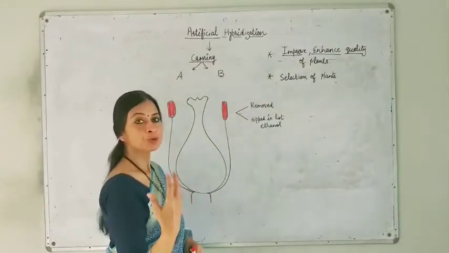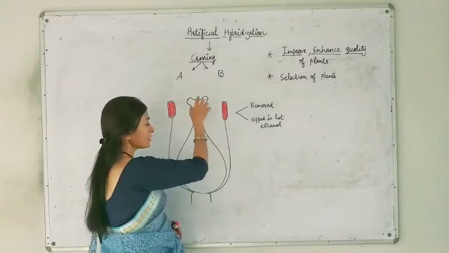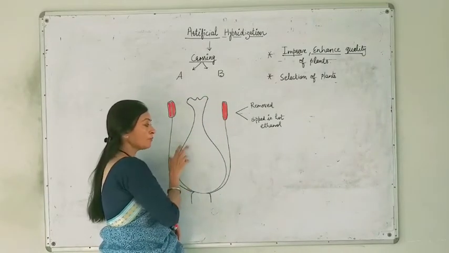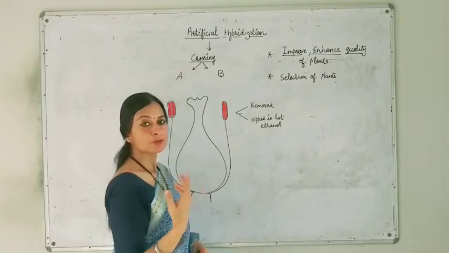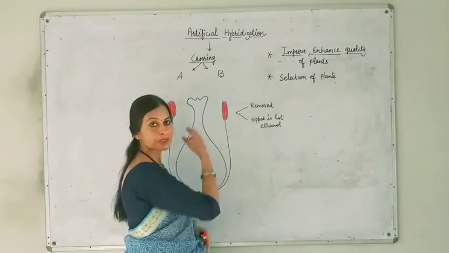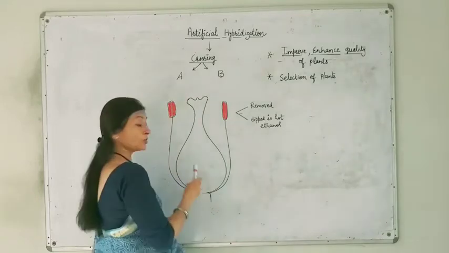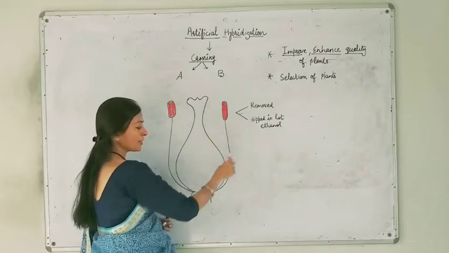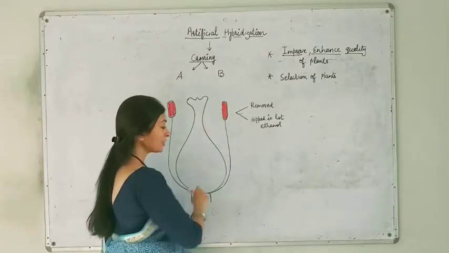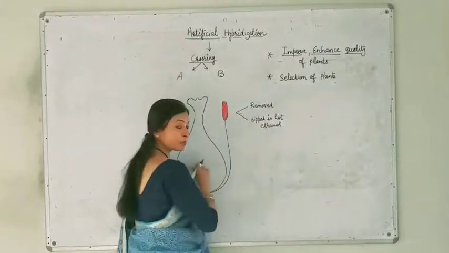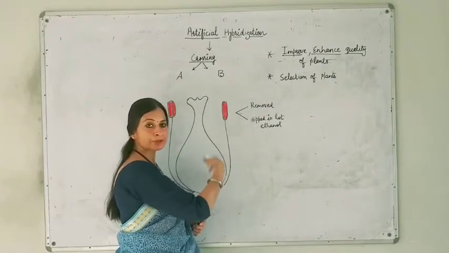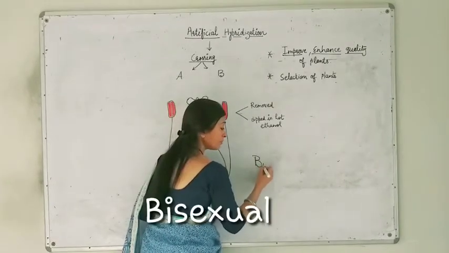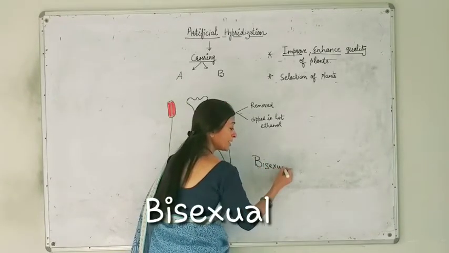How are we going to perform this? For this, I have drawn here the male and female parts of the flower of these plants, any plant that we are going to take in our experiment. This is the pistil part, the female part, and this is the stamen part. And here you can see that if this flower bears both pistil and stamen, it is a bisexual flower.